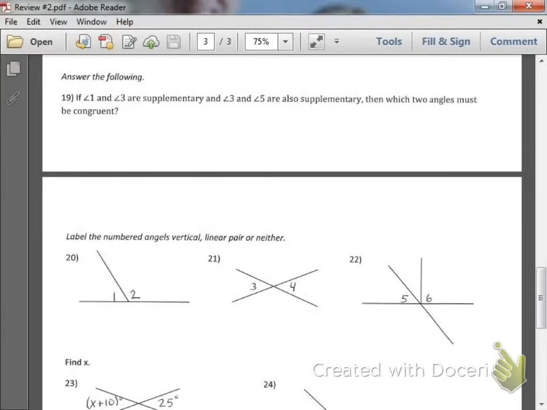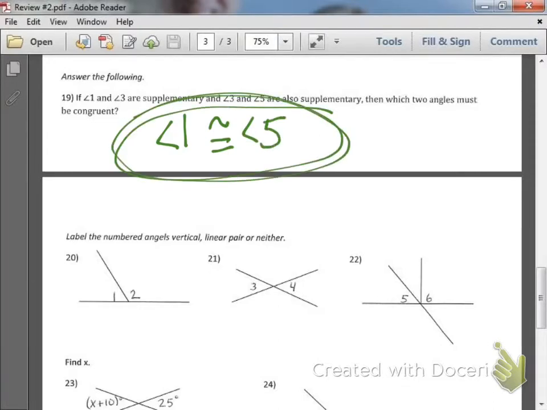We learned that if two angles are supplementary to the same angle, they're congruent to each other. So you should know that angle 1 and angle 5 are congruent. If that is something you're like, I've never heard of this, go back to your notes. I guarantee you'll find it. Chapter 2.